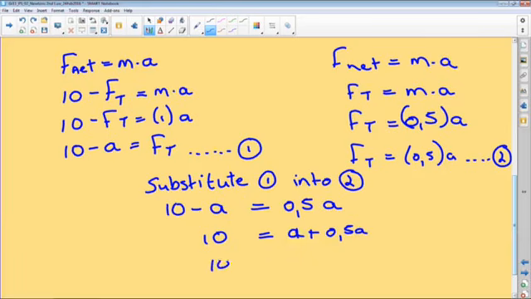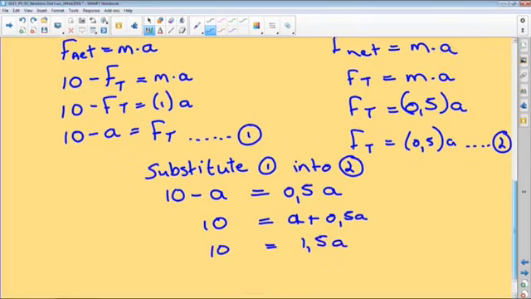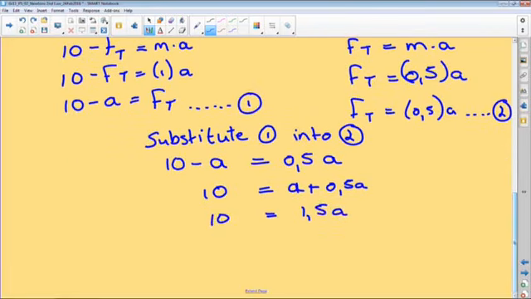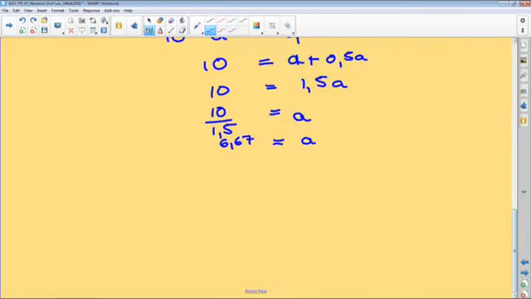So 10 is equal to 1.5a, which is fine if you want to leave it as an equation, but we don't. We need to solve for acceleration. So we're going to go 10 divided by 1.5, and if you double check me on your calculators, you will see that I'm going to get a value of 6.67.